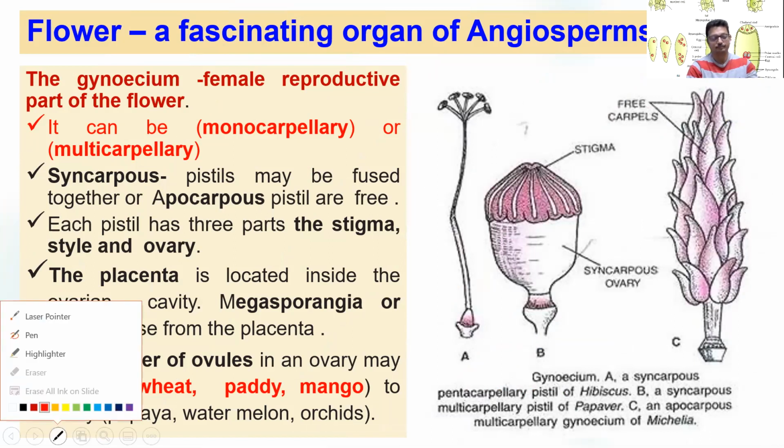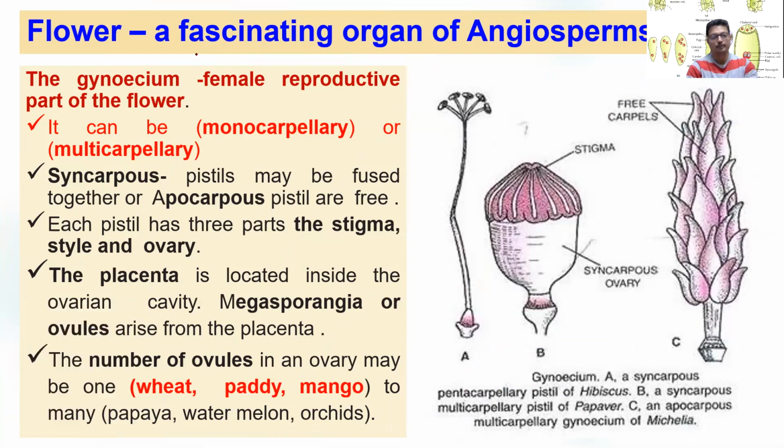The female reproductive part of the flower, the gynoecium, can be monocarpellary. What does it mean? There can be a single carpel, as in case of coconut or in case of mango, or it can be multicarpellary.